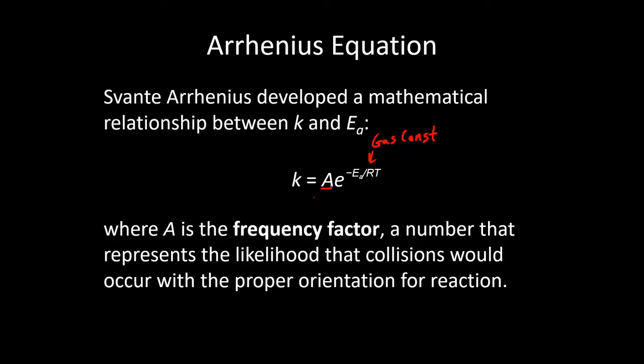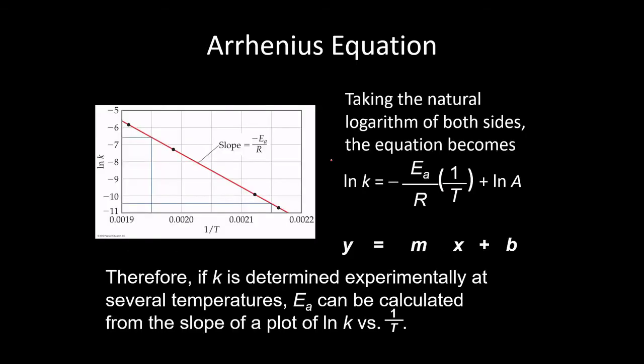We've just taken the natural log of both sides and then moved things around a little bit. So if you take a natural log of both sides, it gets rid of that e. And so now instead we have the natural log of k is equal to negative EA over R times 1 over T plus the natural log of the frequency factor A.